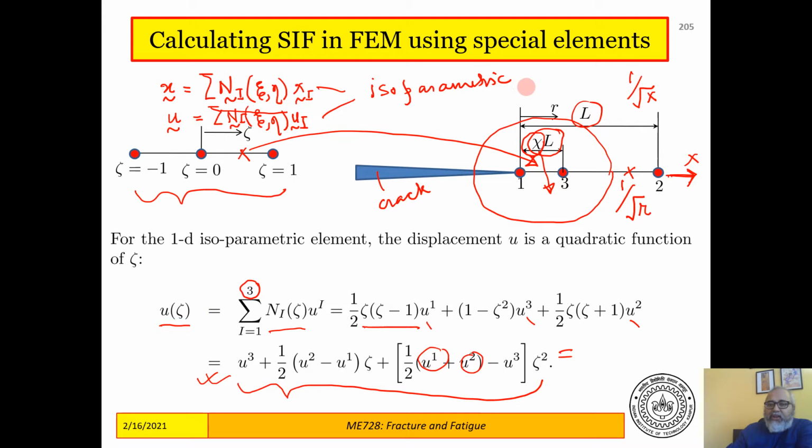So we are trying to find the actual value of chi that would allow me to reproduce the 1 by square root r singularity that I expect in the stresses and strains.